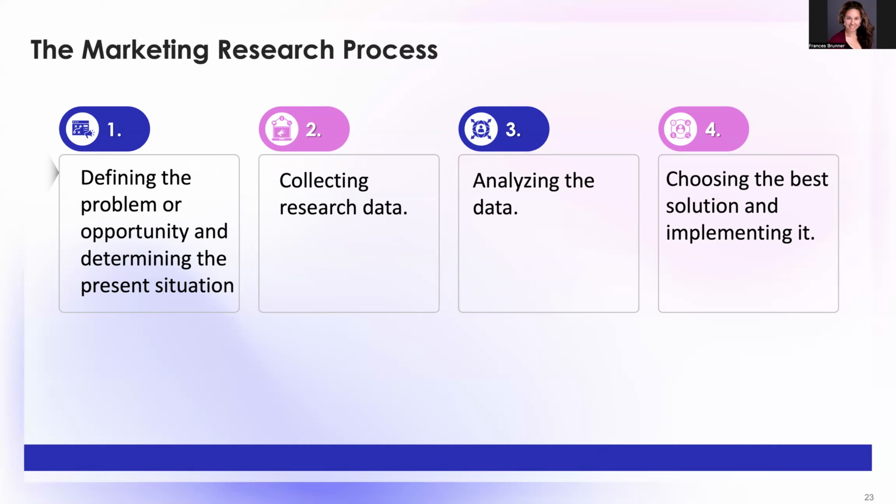What does the data tell you about your product in relation to benchmarks? Fourthly, you want to choose the best solution and implement it. The marketing research process is best taken as an iterative approach, so you can continuously improve upon your current model and be able to adapt to changing needs and changing markets.